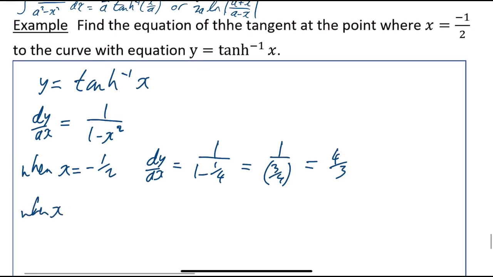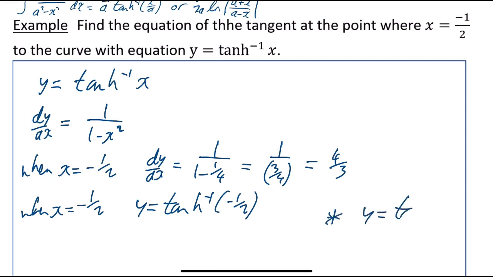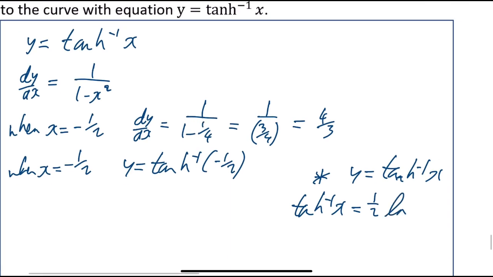Also, when x is equal to minus a half, y is equal to hyperbolic tan to the minus 1 of minus a half. And just remember, we have got y is equal to tan to the minus 1 of x, and that's going to be a half ln of 1 plus x over 1 minus x, and that's in your formula booklet.